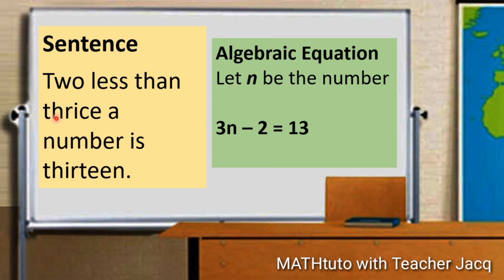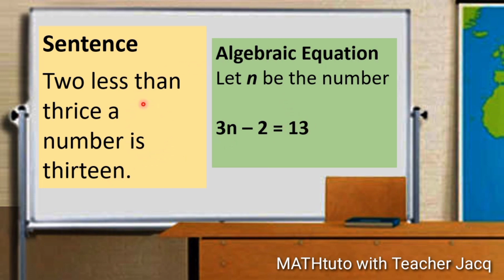So, we have 3 or thrice is equals to 3, and then yung a number, it is represented by letter n. So, meron ngayon tayong 3n, and then yung less than, equivalent siya sa symbol na minus. So, 3n minus 2 is equal to 13.